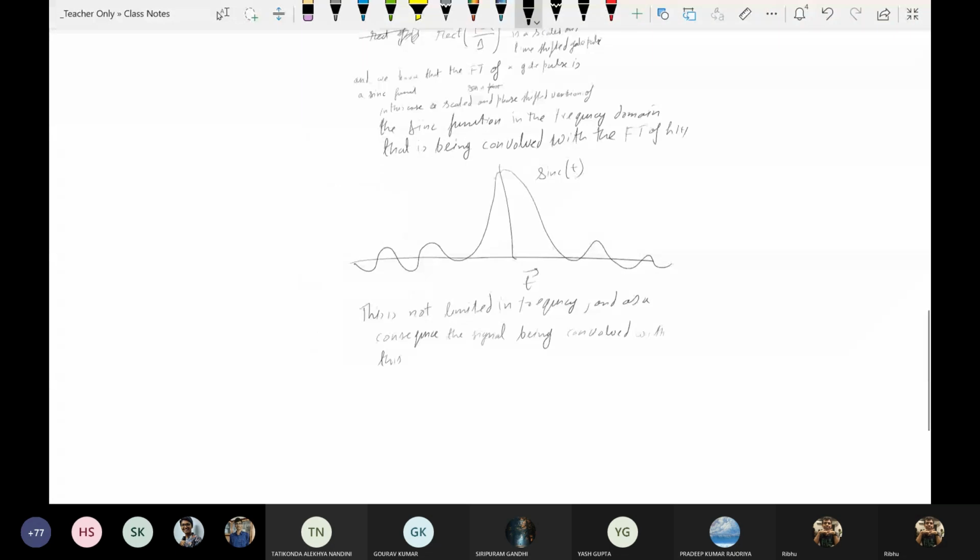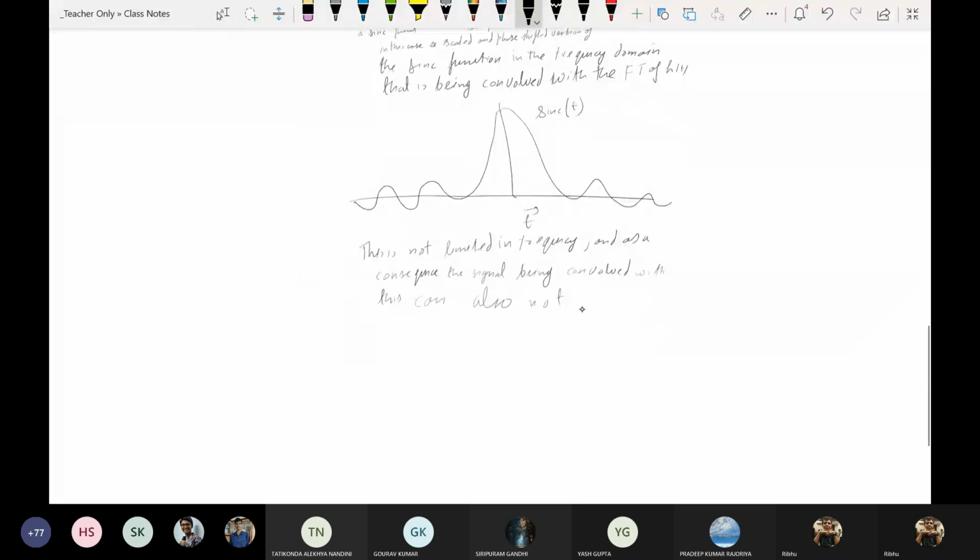Fine. And via duality of the Fourier transform, we can easily argue that, via duality of the Fourier transform, what?